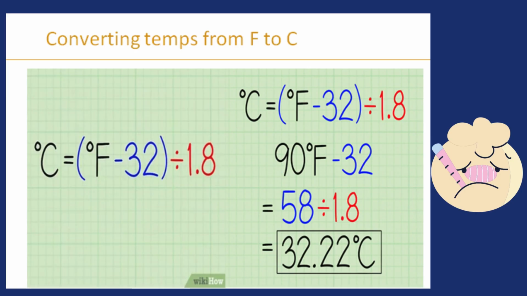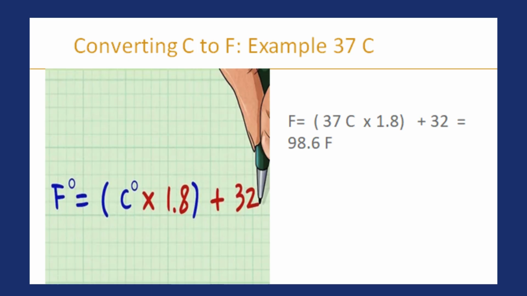So let's learn the formula for converting Celsius to Fahrenheit. Say I know what Celsius is. I'm taking that degrees Celsius times 1.8. I'll do this part first, and then I add the 32 degrees. Say the example was 37 degrees Celsius. I'm going to multiply that times 1.8.